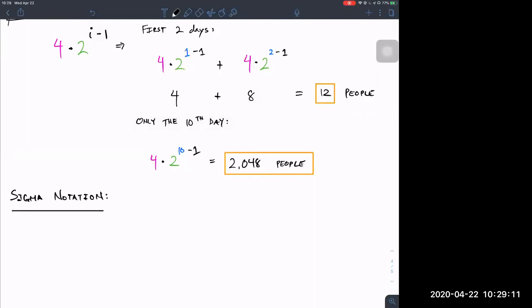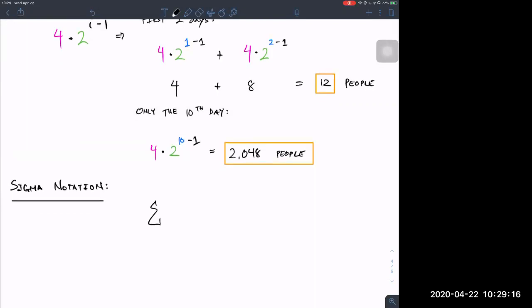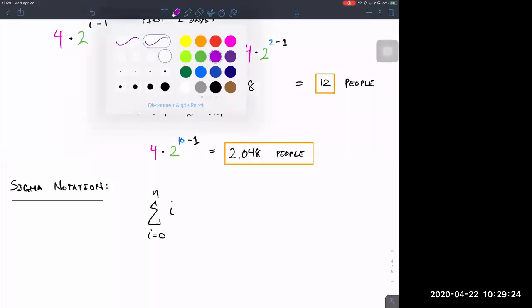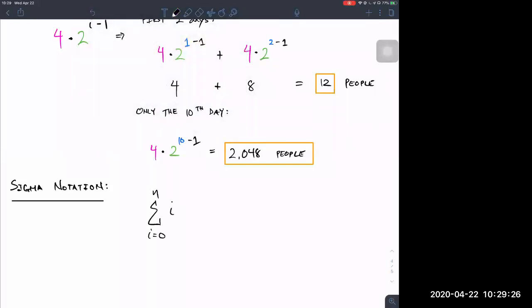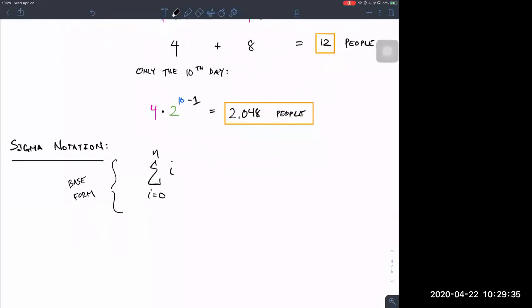Right? Sigma notation looks like this, where you have the capital letter sigma from the Greek alphabet, and then you have, it looks something like this. So I'm not going to box this in purple because this is what most mathematicians would consider the base form. And like I've said in the YouTube video as well, it's the same thing, right?